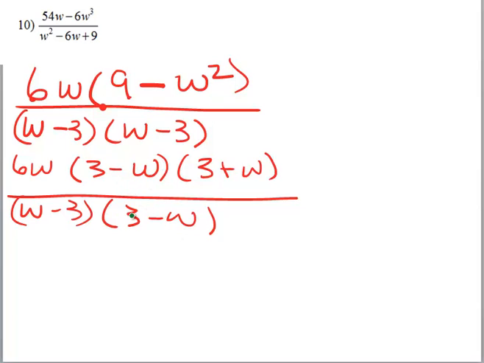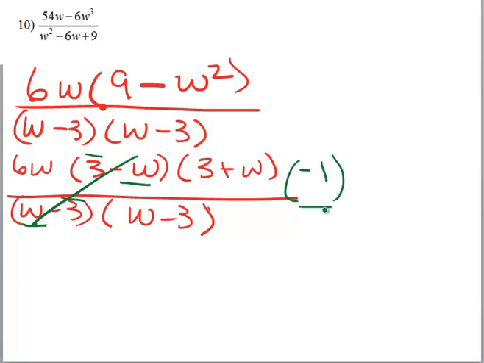Not this. You guys didn't catch me on that. W minus 3. All right, let's try that again. Hey, there's the pattern I'm looking for. Negative, positive, positive, negative. So that will cancel out and be negative 1, right?